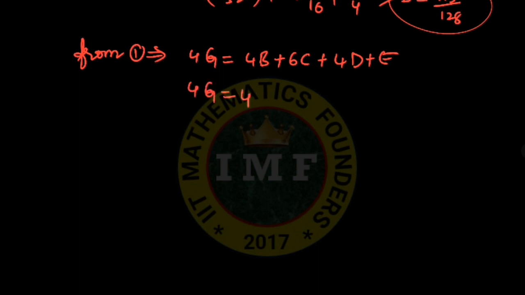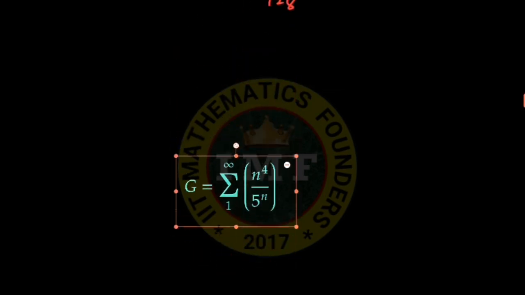Here 4 into B value, which is 115 by 128, and 6 into C value, which is 15 by 32, plus 4 into D value, which is 5 by 16, plus E value, which is 5 by 4. Simplify this and you will get the value of G.